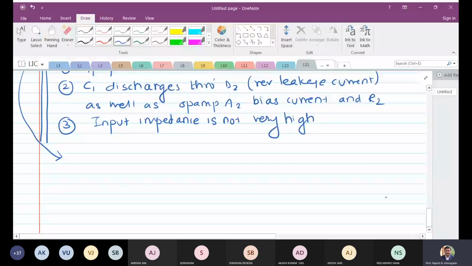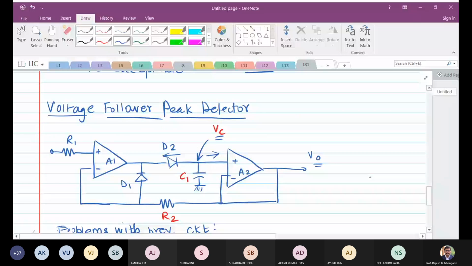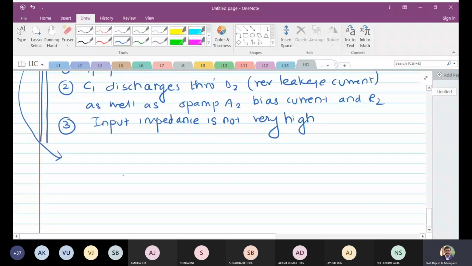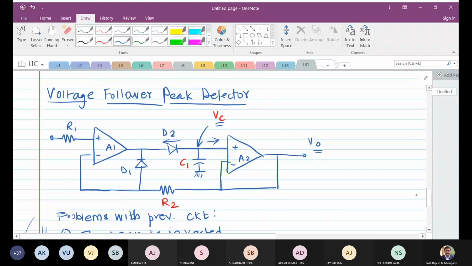See this concept here. So how do they operate? See the output here. This outer loop looks like a voltage follower, no? Output is fed back to this inverting input.